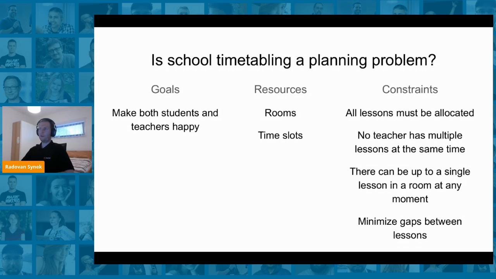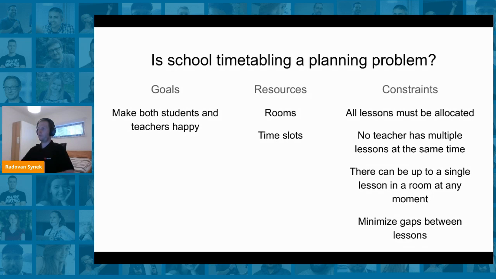What are our limited resources? We have a fixed amount of rooms and we have a fixed amount of time slots. And can we figure out some constraints we might have on the solution? So for example, we want to schedule all the lessons that are supposed to be taught. And we have also some limitations of the physical world.